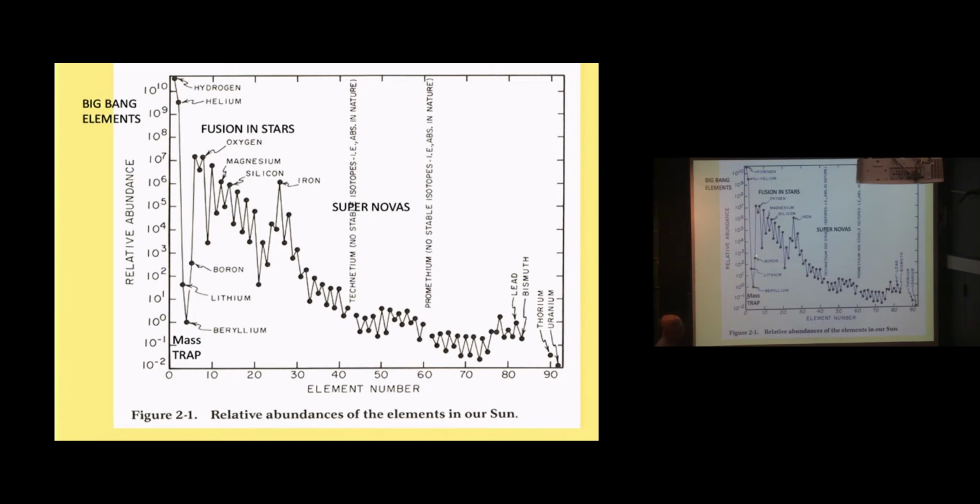Then you have nuclear fusion in stars, which makes these, and particularly the alpha particle nuclides in abundance, with a pile-up at iron. And then you get a big decrease in the numbers of the elements as you go to heavier and heavier elements. And this sawtooth thing, up, down, up, down, is even, odd, even, odd, even, odd.